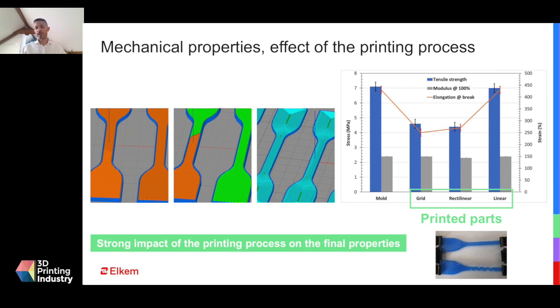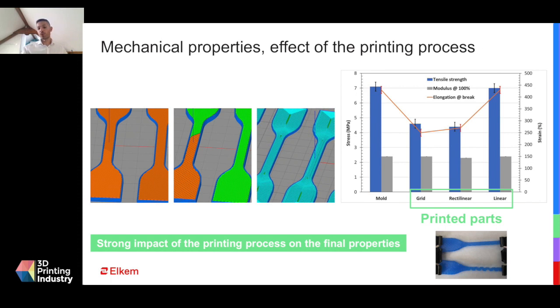You can see in the pictures below on this slide two dog bones, one with not so many defects, and the other one with lots of defects that will lead to poor mechanical properties. But the beauty of 3D printing is that you can manage the infill of the part.